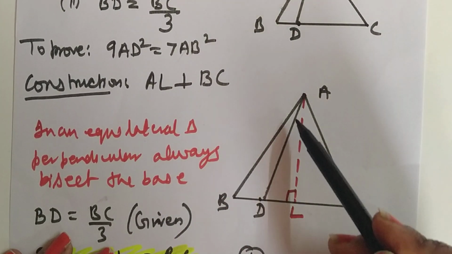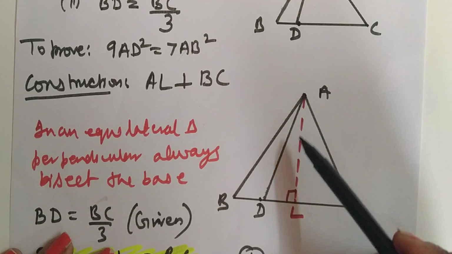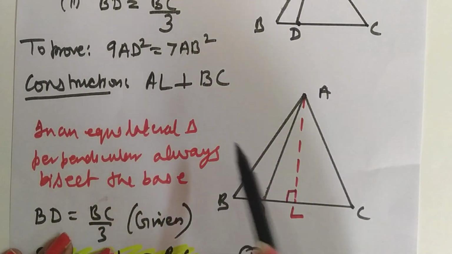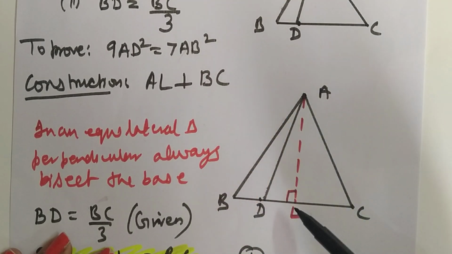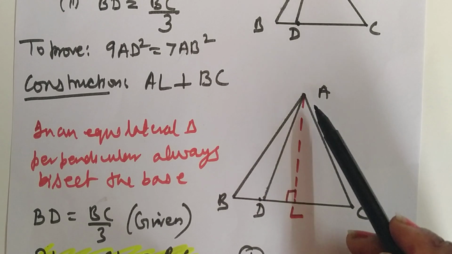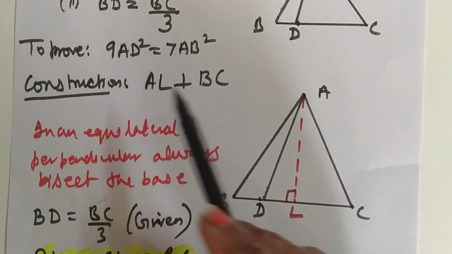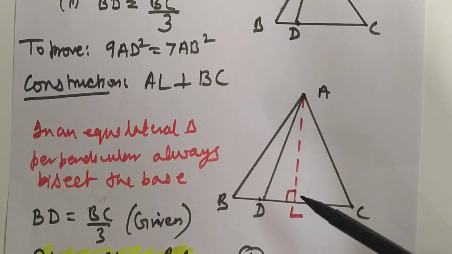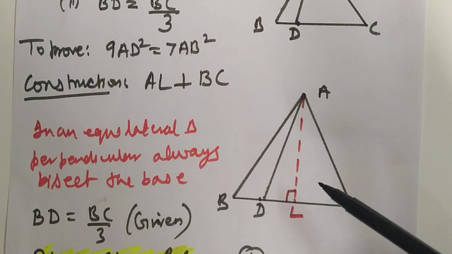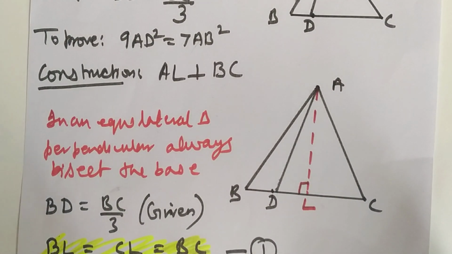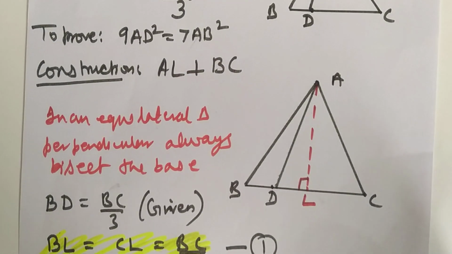AD we can get from triangle ADL, and AB we can get from triangle ABL, because AB is the hypotenuse in triangle ABL and AD is the hypotenuse in triangle ADL. We need no other triangle.